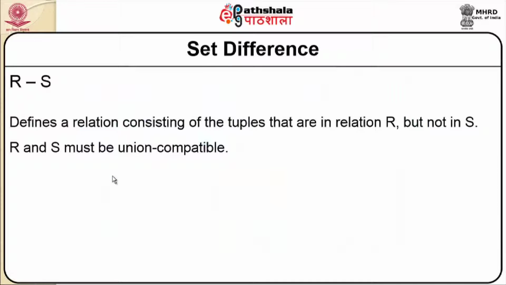The next operator is set difference, which is indicated by the negative symbol, minus. It defines a relation consisting of the tuples that are in relation R but not in S. So S is completely eliminated from R, but in this case also R and S must be union compatible.